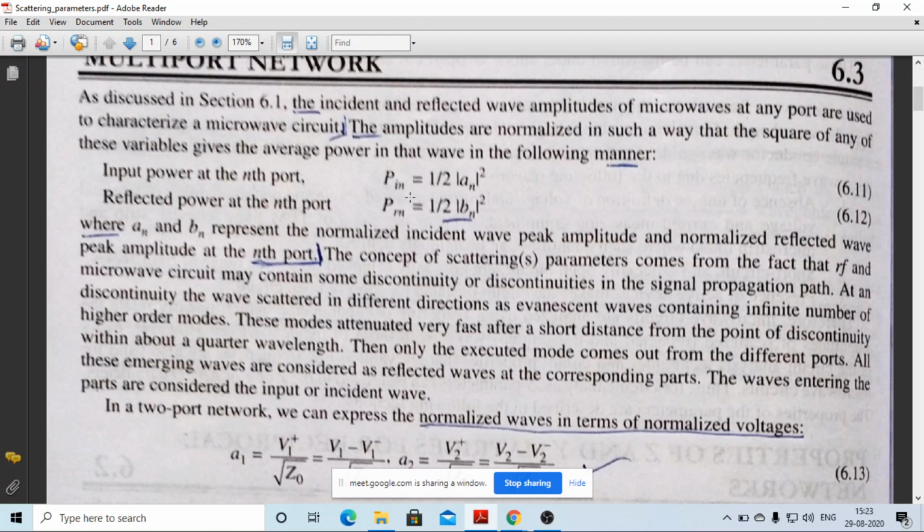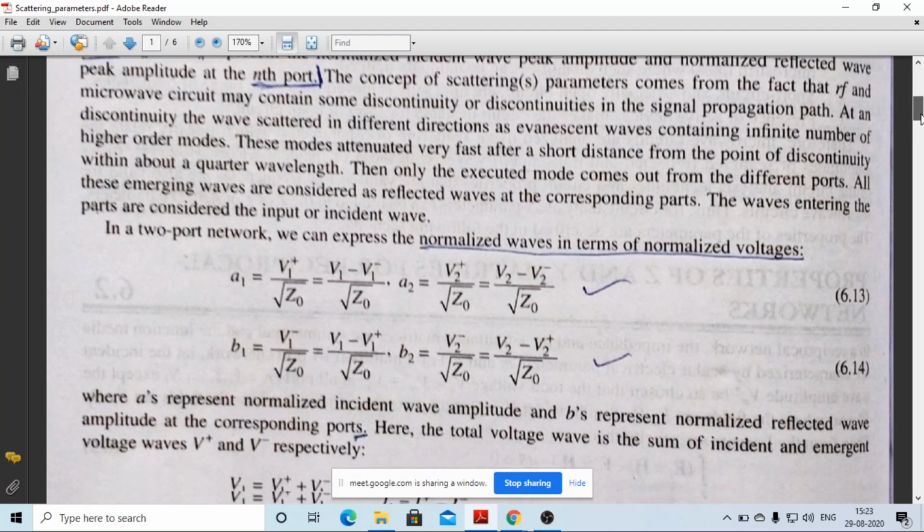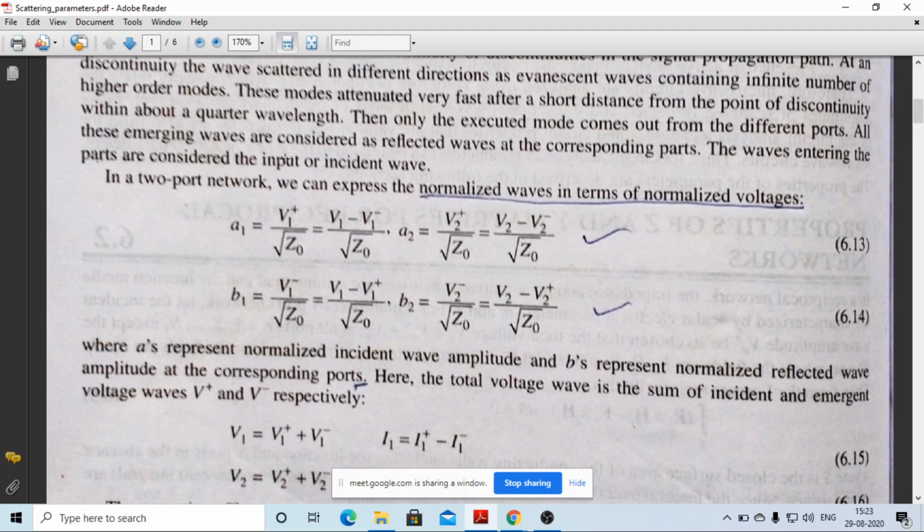Normalized means it is divided by impedance in such a way that impedance never comes into the equation of Pin and Prn. And Bn is the normalized reflected wave peak amplitude at the nth port. You can see in the next equation that in a two-port network we can express the normalized waves in terms of normalized voltages.